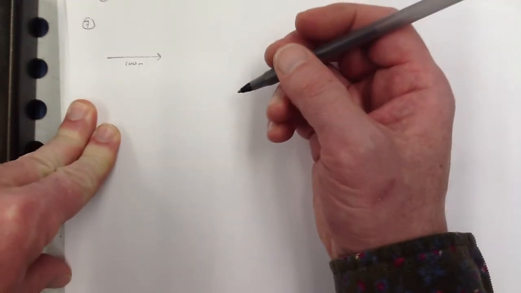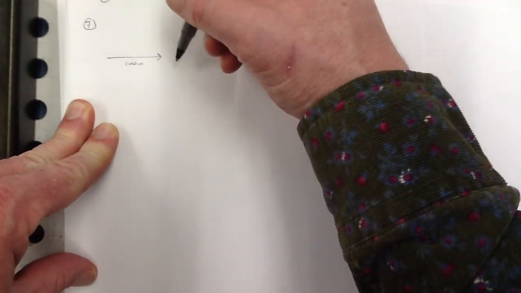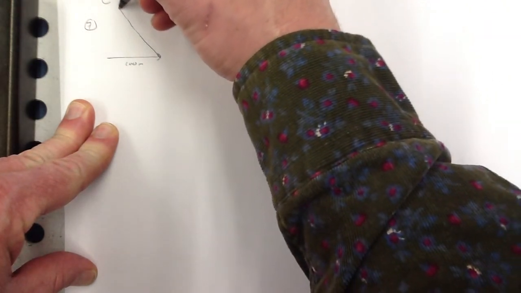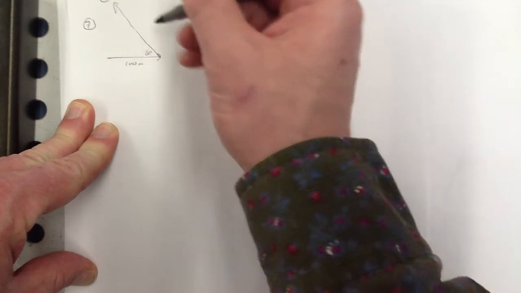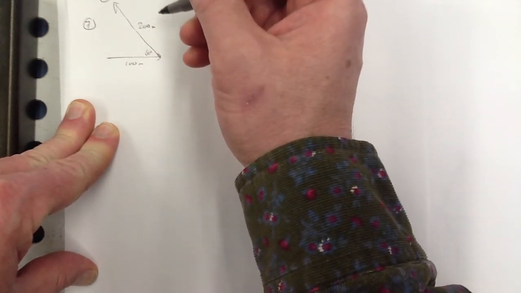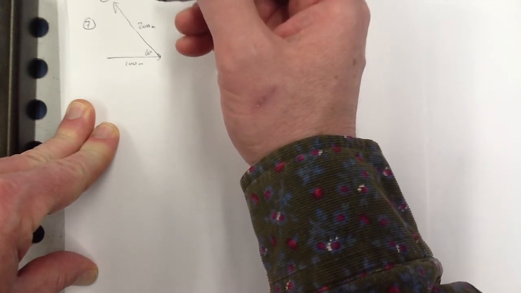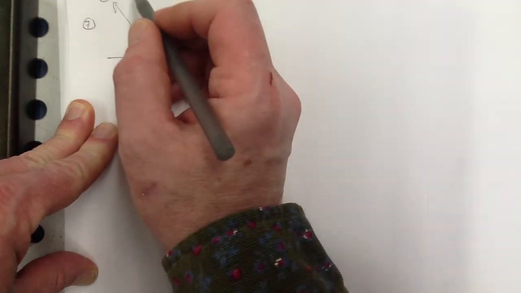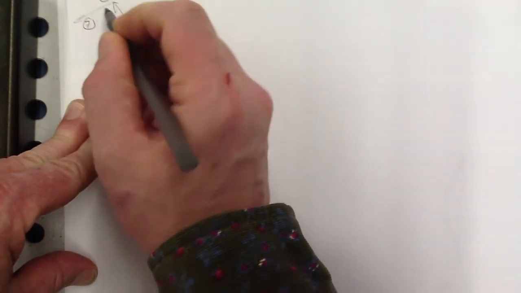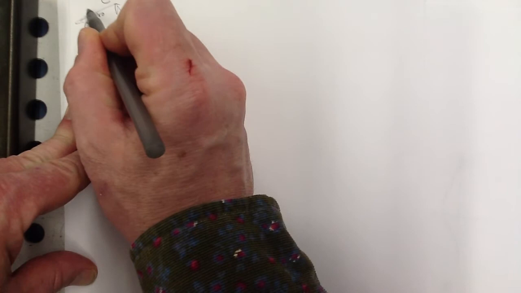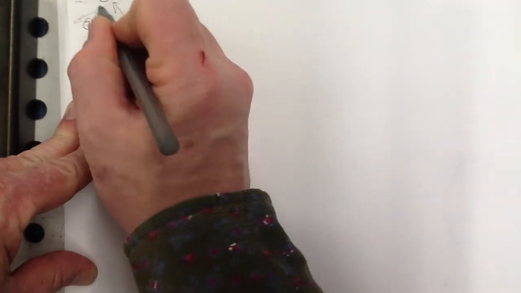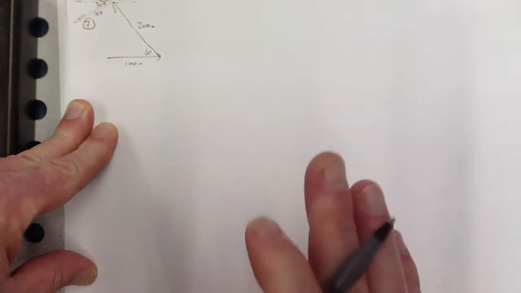North of west is second quadrant, so that's 200 meters this way, 60 degrees north of west, and then 150 meters at an angle 30 degrees south of west, so that's like this. That's 150, kind of running out of space here, and they're telling us angles measured from horizontal, which is good. That's what we want.